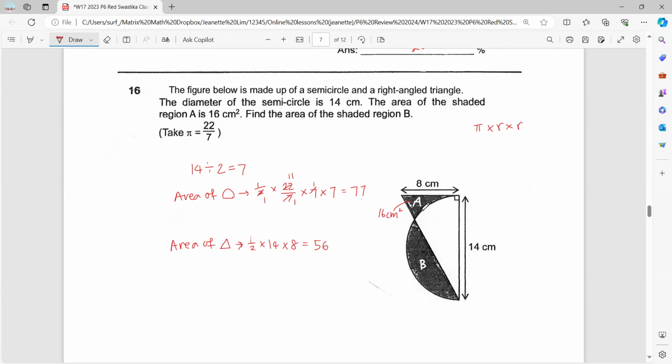So the unshaded part is 56 square cm minus 16 square cm, which is 40 square cm. Now let's find B. We take 77, which is the semicircle, minus the unshaded part. So you end off with 37 square cm.